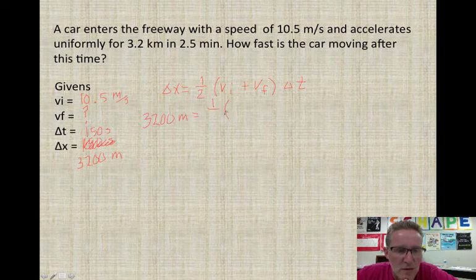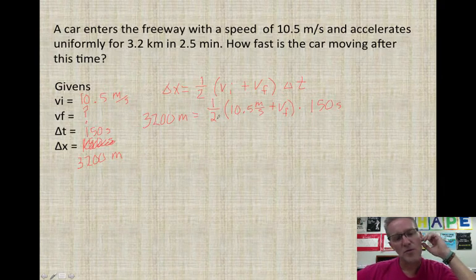One-half the quantity VI, which is 10.5, plus VF, which is what we're finding. And then the change in time is 150 seconds.